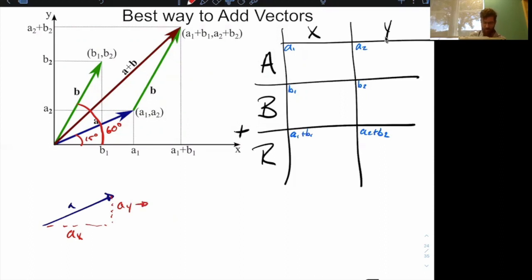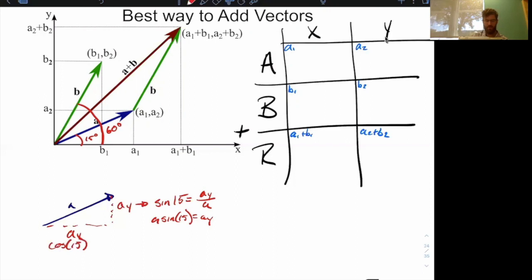For AY, all right, we use sine of 15 is equal to AY over A. A times the sine of 15 is equal to our Y component. We do the exact same thing with X, only with cosine.